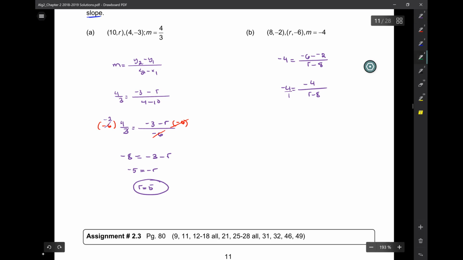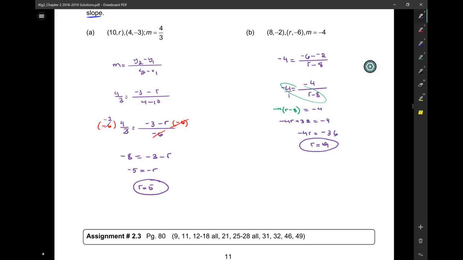Let's first cross multiply. So here we get negative 4 times r minus 8 equal to negative 4. Negative 4r plus 32 equals negative 4. Negative 4r equals what? When I take 32 over to the other side, how much? Negative 36. So then how much is r? 9.